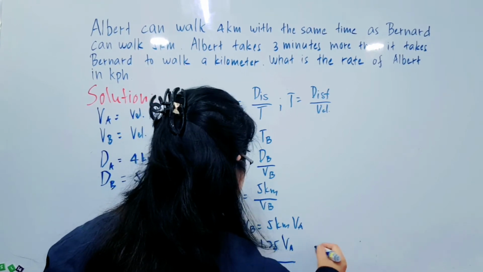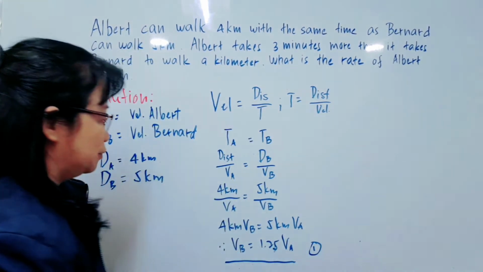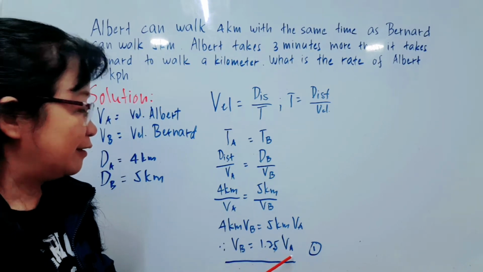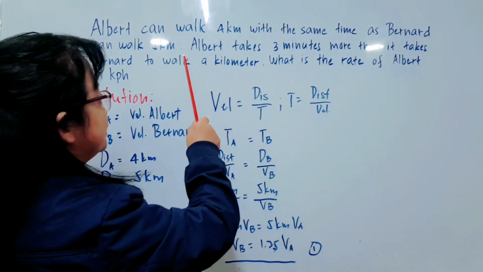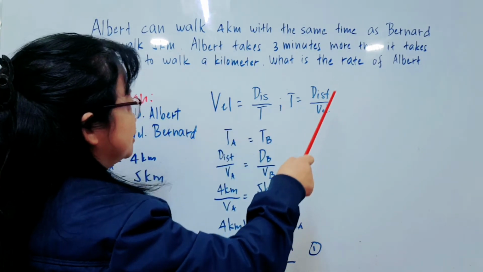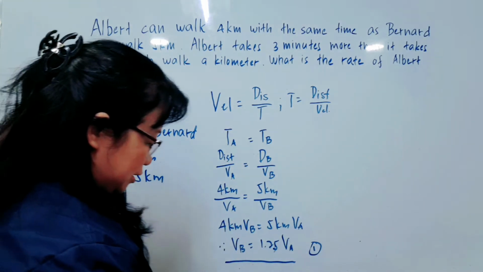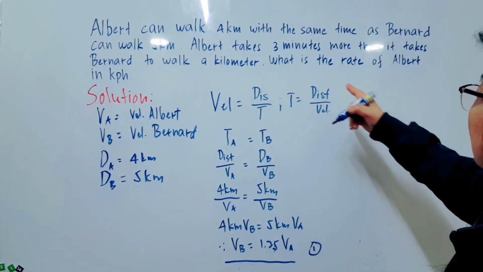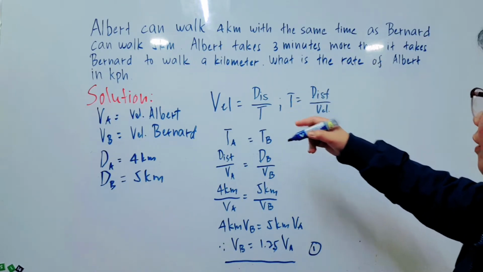Now we have equation 1: VB is equal to 1.25 VA. Then another one, from the second sentence, Albert takes 3 minutes more than it takes Bernard to walk a kilometer.